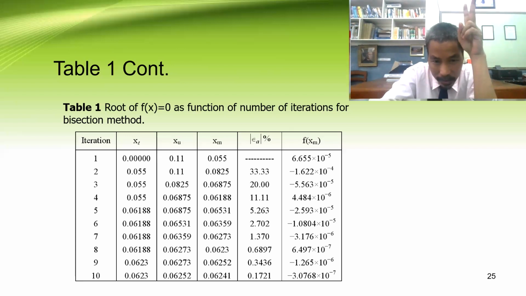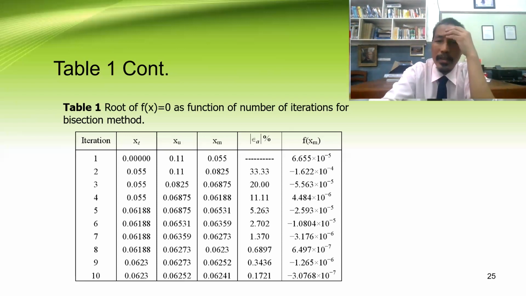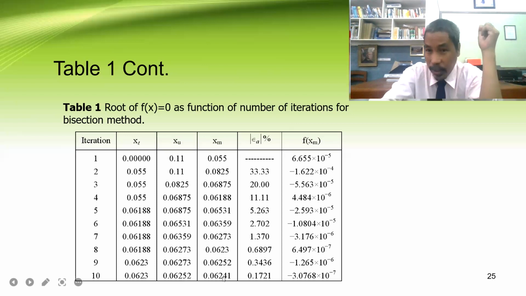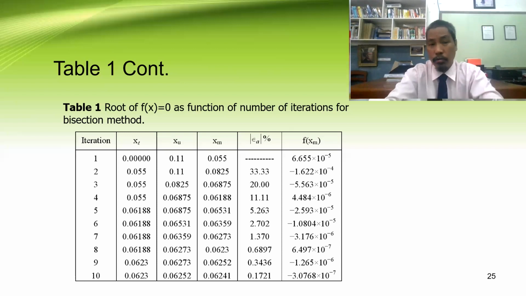What is the answer? 0.062. We are very sure that 0.062 are the 2 significant digits correct. Up to the 10th iteration, we still have the same 2 significant digits correct. So our answer should be 0.062. That is our root of the function.